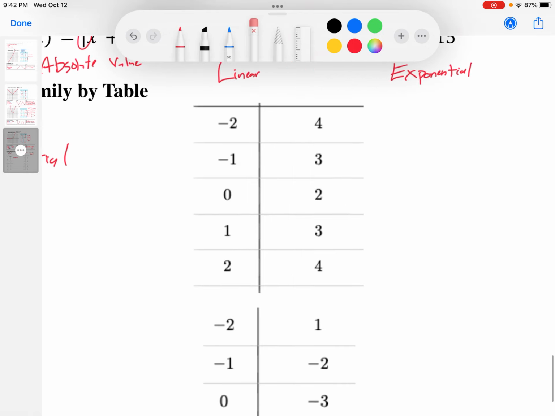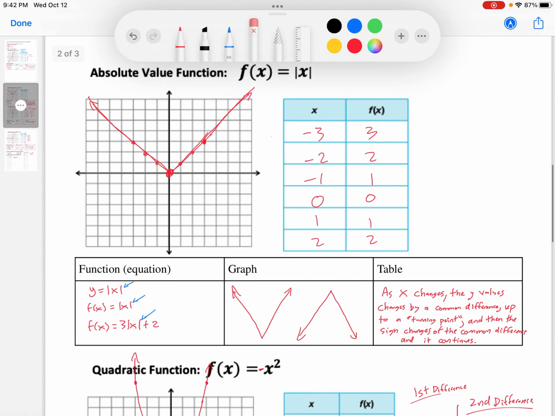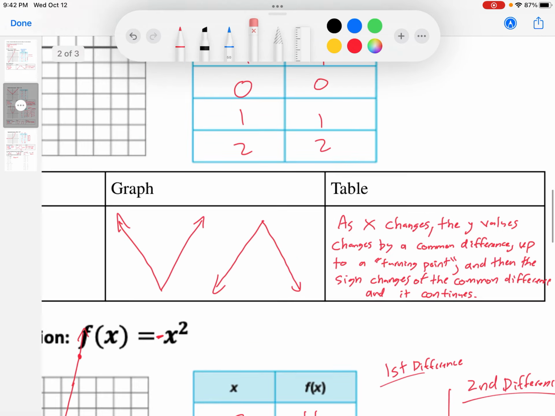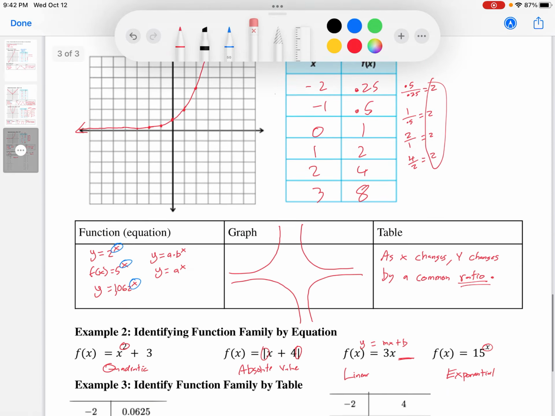All right, next one. So let's see, we're going down. 4, 3, 2, and then 3, 4. Pause the video and see if there's any of our definitions that say anything about that. Well, what if we go back and look at absolute value? As x changes, the y values change by a common difference up to a turning point, and then the sign of the common difference changes, and it continues.